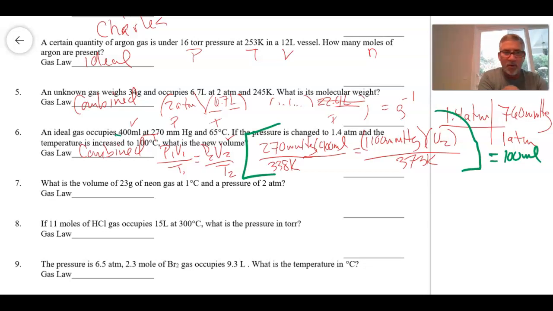Number 7, just so you know, is ideal. 8 is ideal.